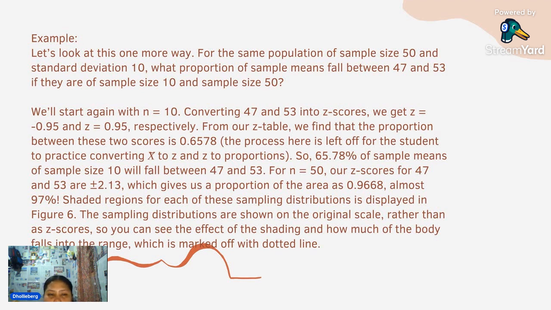From our z table, we find that the proportion between these two scores is 0.6578. The process here is left for the student to practice: converting the sample mean to z-scores and z to proportion. So 65.78% of sample means of sample size 10 will fall between 47 and 53.